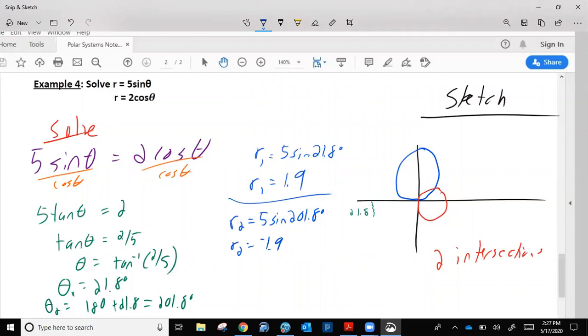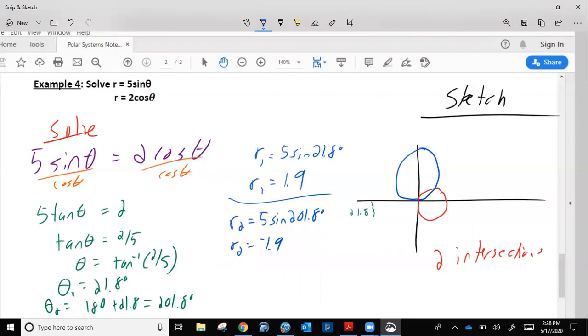So 1.9 and 21.8, that appears to be this, because when you're plotting points, we find the angle, a 21.8 degree angle is up here in the first quadrant, 1.9 units towards that puts you on this point of intersection. The other spot though, 201.8 degree angle, that's down here in the third quadrant.